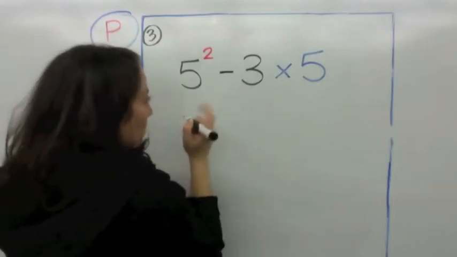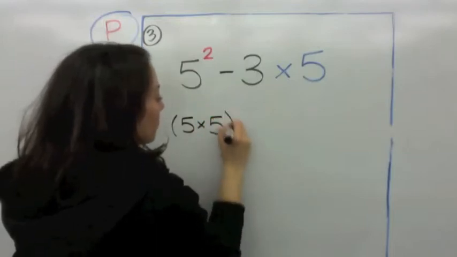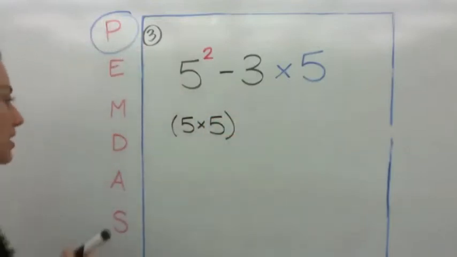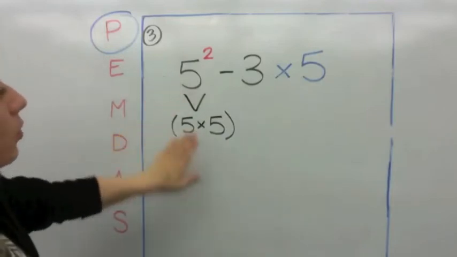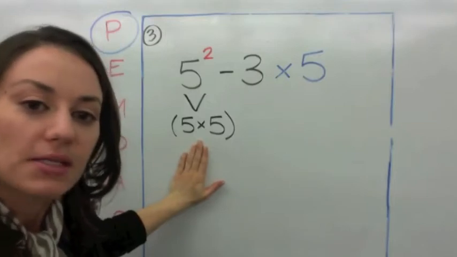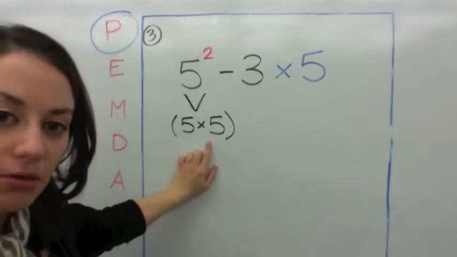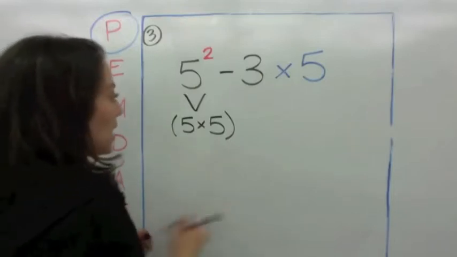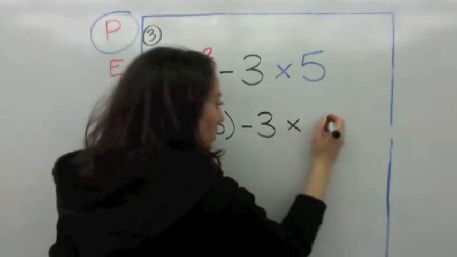I'm going to put it in parentheses only because you're still working with exponents, and so you want to do that first. Parentheses means work with me first. So see what I did? Then I'm going to bring down, subtract 3 and multiply by 5.